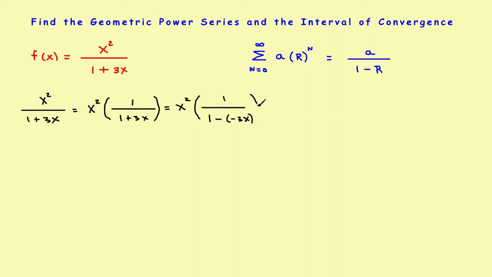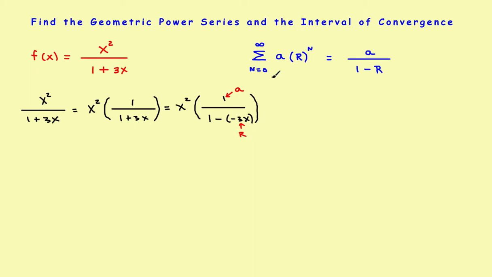Then I'll close the parentheses. So now I've got it in the form that I needed, with the exception of the x squared out here. I need a 1, there's a 1. I need a minus, there's a minus. And at this point, I've got it just like we did in those previous videos. So this is going to be my a, and this is going to be the common ratio r.